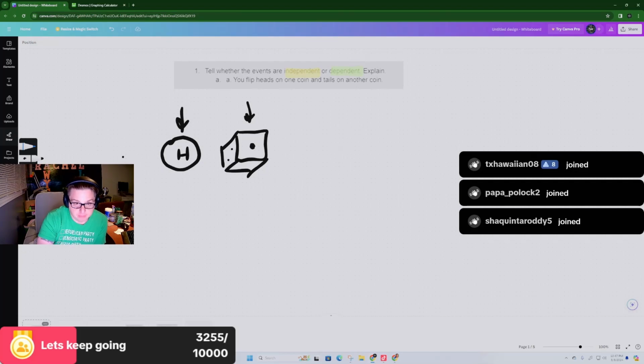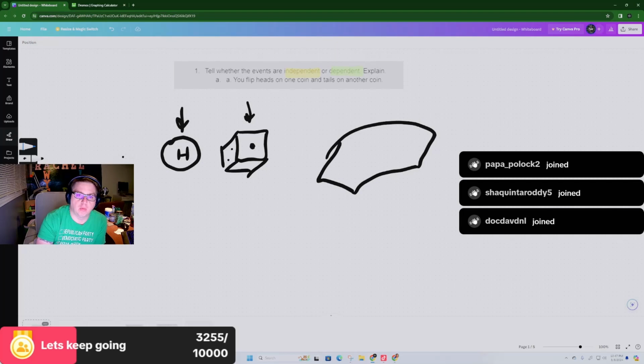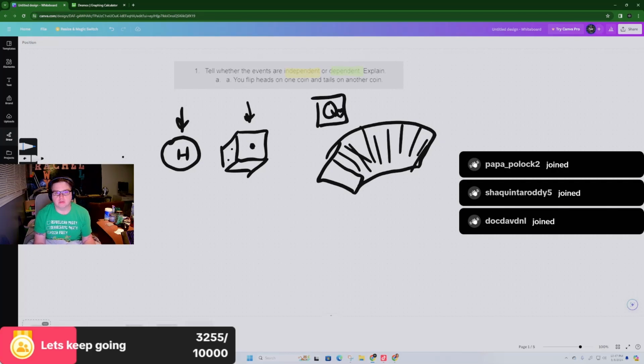So what does that mean? Well, if we were to pull a card out of a deck of 52 cards, it doesn't matter which. If I pull the Queen of Hearts out and then I pull another card out of this deck, I have just changed the probability of this event, because the first event is something out of 52 cards.